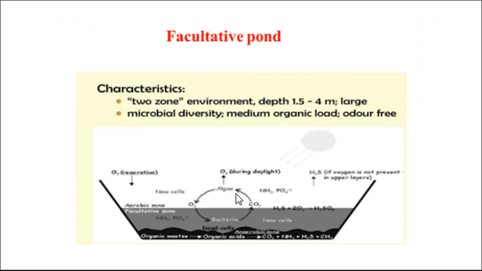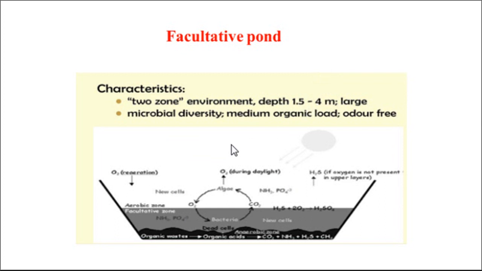So facultative pond, the main characteristics of facultative pond are: first, there are two zones of environment in this facultative pond, one aerobic zone and at the bottom an anaerobic zone. The depth of this pond varies between 1.5 meter to 4 meter.